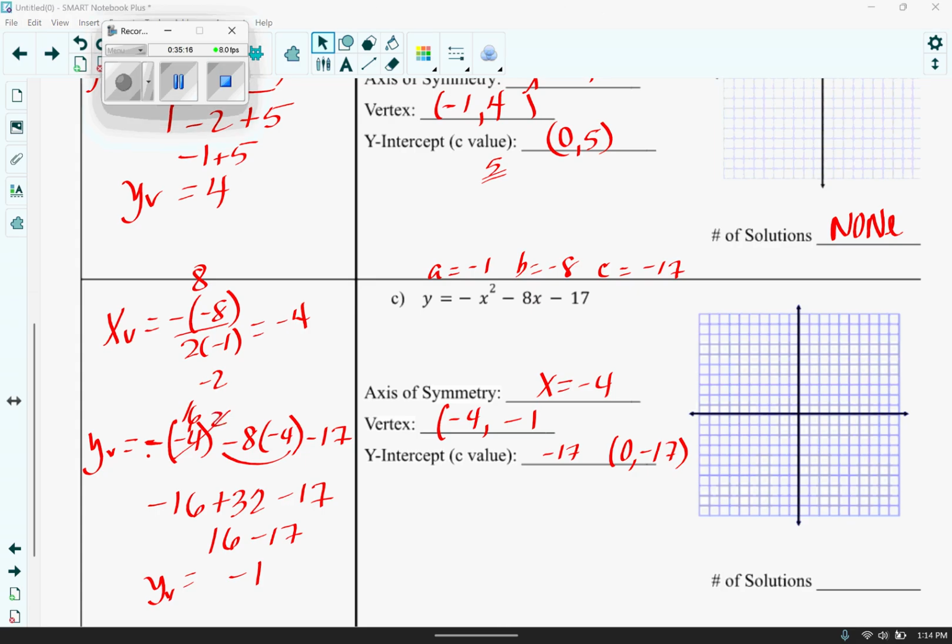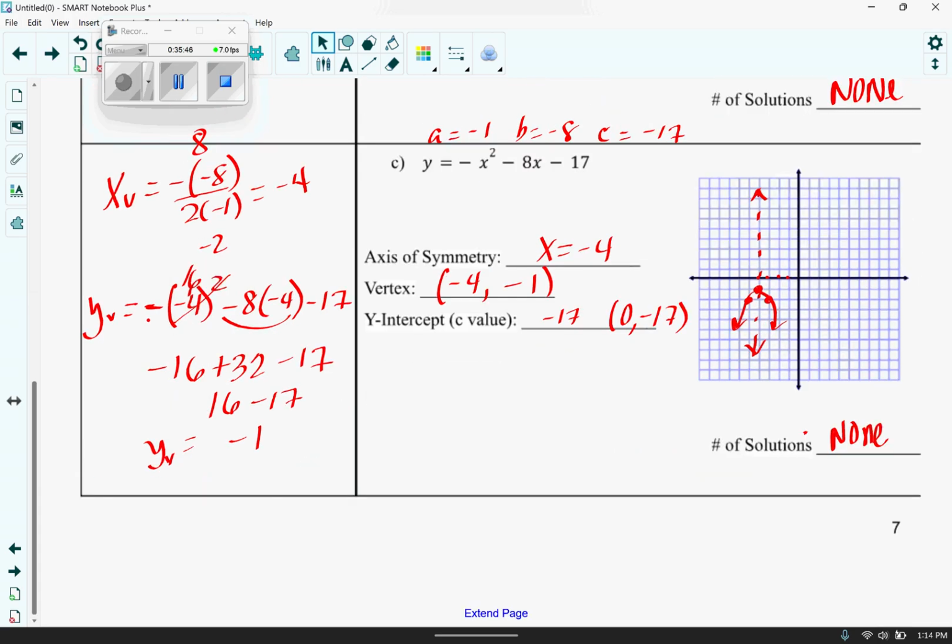So then we end up graphing that, and I end up with negative 4, 1, 2, 3, 4, negative 1. So like line of symmetry is right here. 0, negative 17 is going to be like way down here. But my a value is negative 1. So I'm going to go down 1 over 1, down 1, back 1, and it's going to look something like that. And it will not hit there, so no real solution. None. And this would be a maximum.